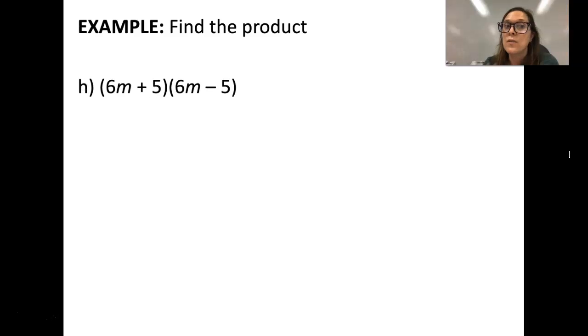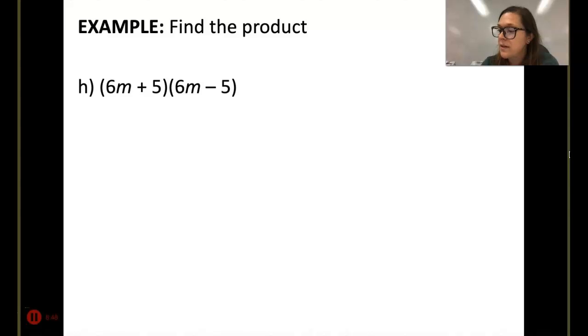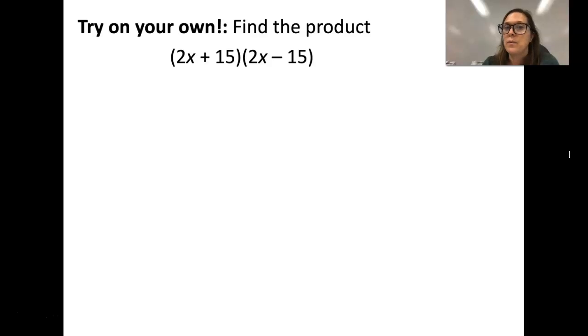So see if you can do this one really quickly. That would get you to, I don't know why I paused so long, 36m squared minus 25, right? Yes, hopefully. All right. How about this one? What would that one go to? 4x squared minus 125. Maybe you didn't remember what 15 squared was, but that's 125.